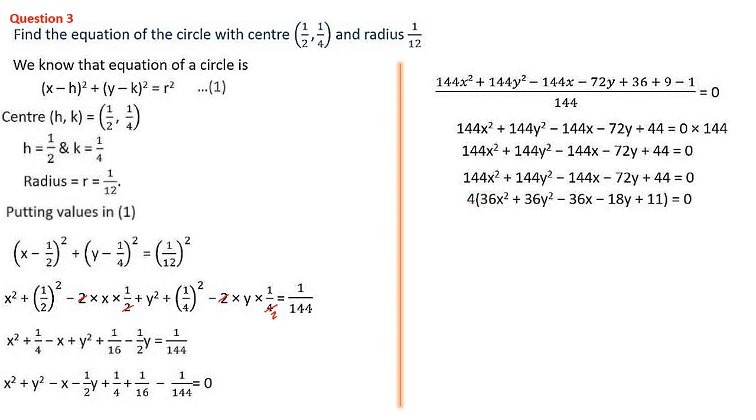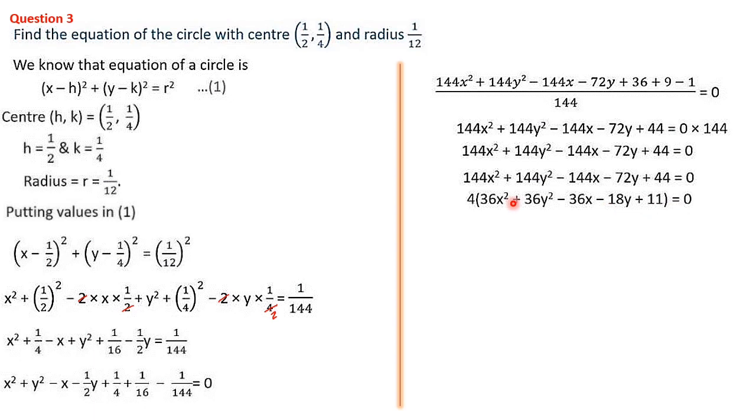So when we take 4 outside, 144 divided by 4 means you will get 36. So 36x square, here also 36y square, minus 144 divided by 4 we will get 36x, minus 72 divided by 4 we will get 18y, plus 44 divided by 4 will be 11, equal to 0.